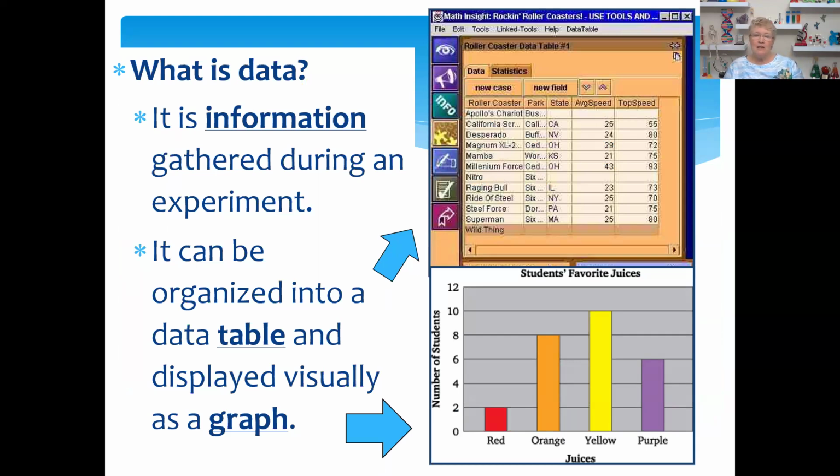Imagine if I had a paragraph that said 2 students preferred red juice, 8 students preferred orange juice, 10 students preferred yellow juice, and 6 students preferred purple juice. You'd have to read that and do a little bit of analyzing, but if I have it right here, you can tell at a glance, more students preferred the yellow juice than any other juice.